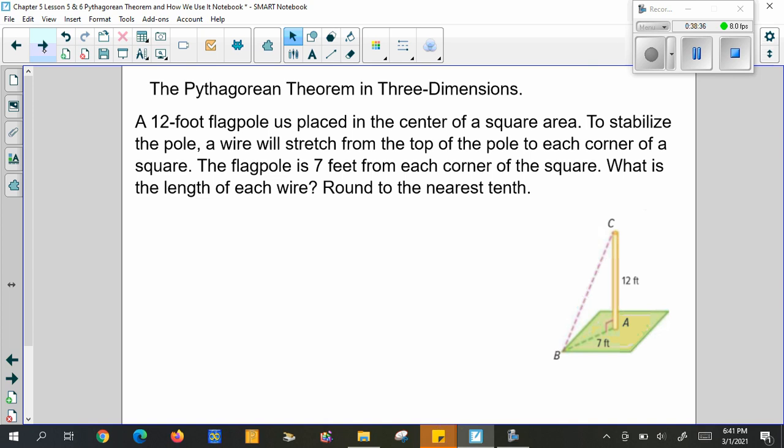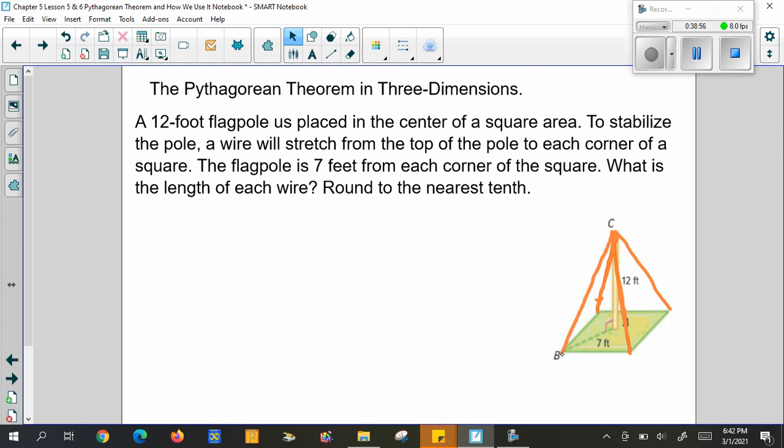So in the description, there would be a wire going to each corner. And it kind of creates this rectangular, actually it's more of a pyramid. It makes a pyramid shape.